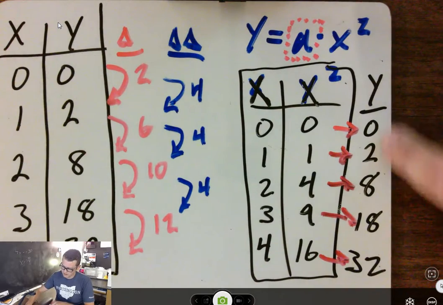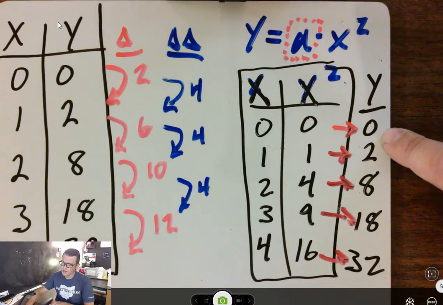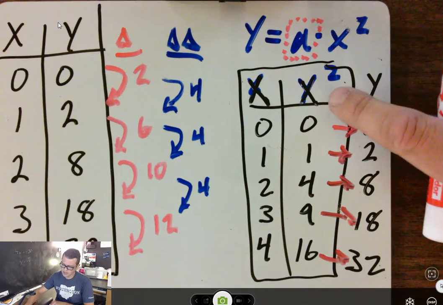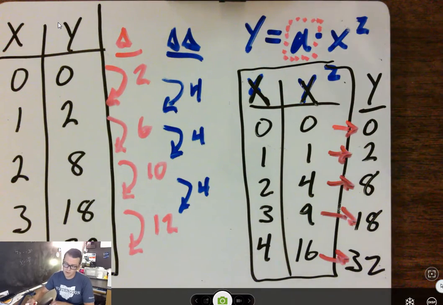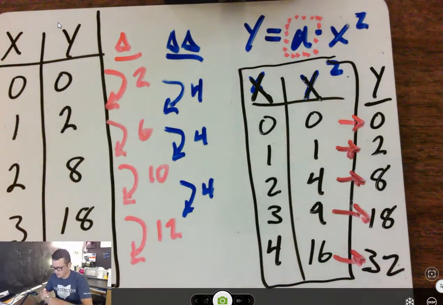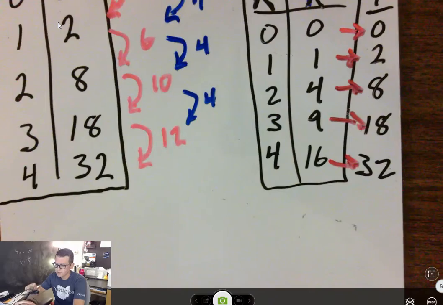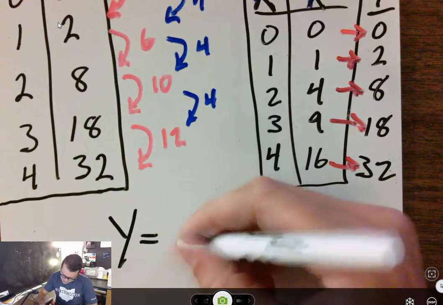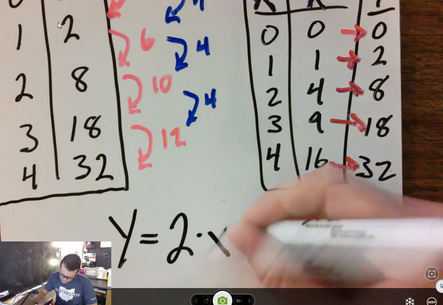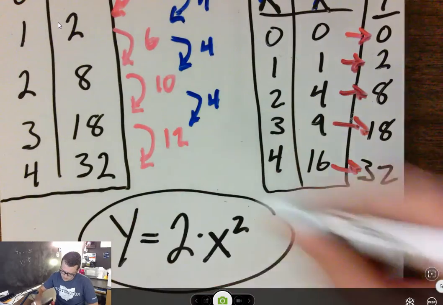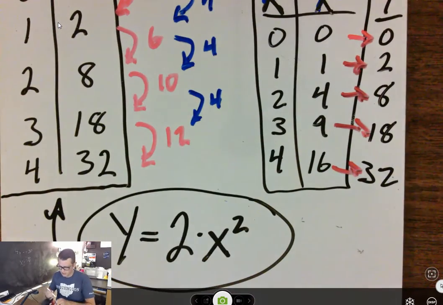And we can see that this list of y values that we actually want are all in a relationship with these x squared values being double. So what that tells me about the function that we can now create for that table, or that list of ordered pairs, is that this output set is double the input squared. So this becomes our function to describe that table, or that set of ordered pairs.